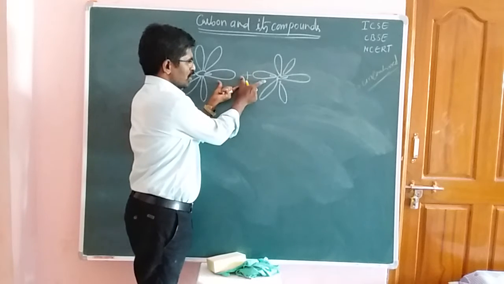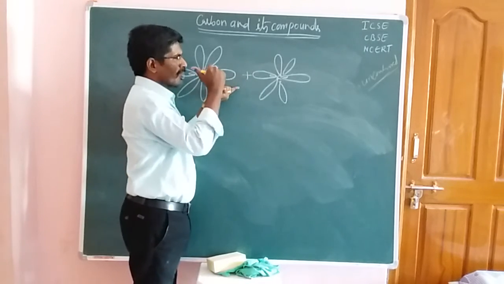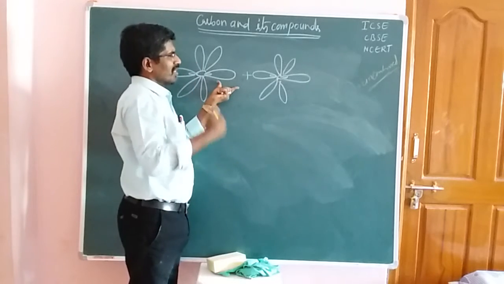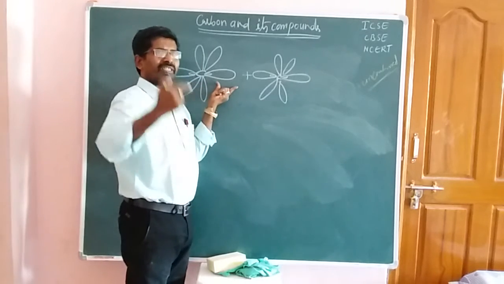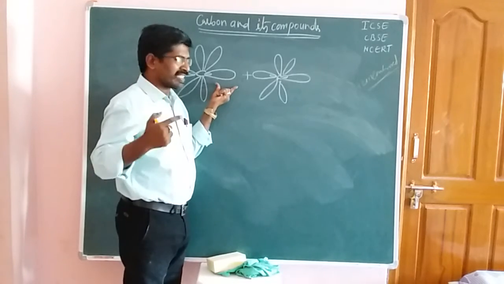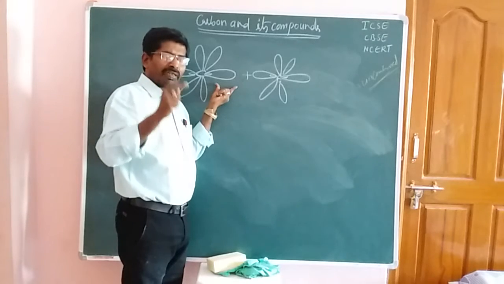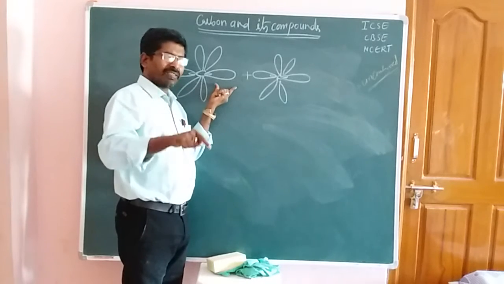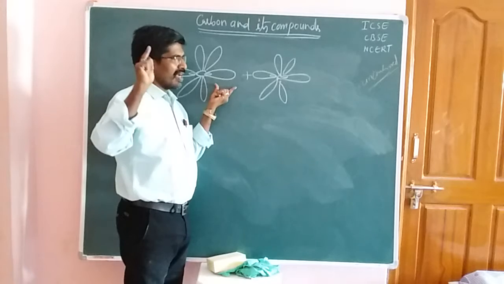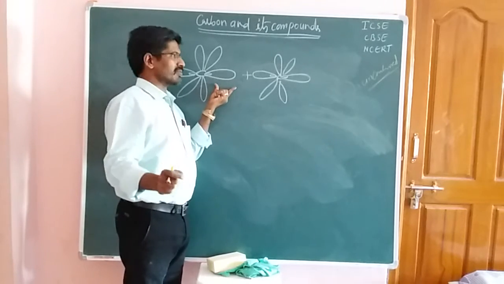These two orbitals come closer and overlap with each other. After completion of the overlapping, the lateral overlapping takes place. In the lateral overlapping process, the orbitals which are not involved in the hybridization are called unhybridized or non-involved orbitals.